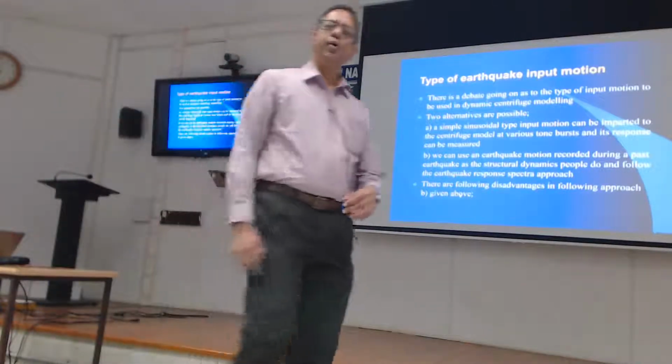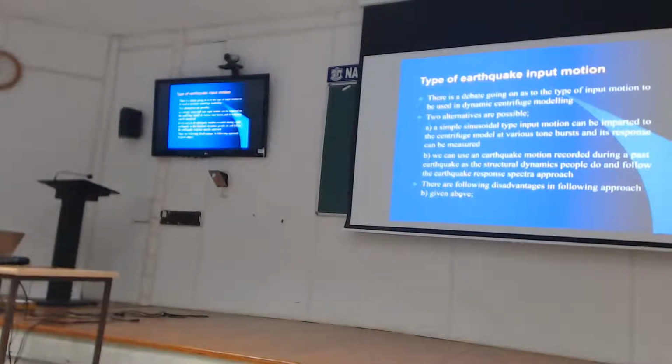Now, there's always this question about what type of earthquakes we should be modeling. We could do sinusoidal motion, and what people generally consider is that something like 10 cycles of strong shaking is too much, which is typically what we were doing in Cambridge for 10, 15 years during my PhD time and later on as well.